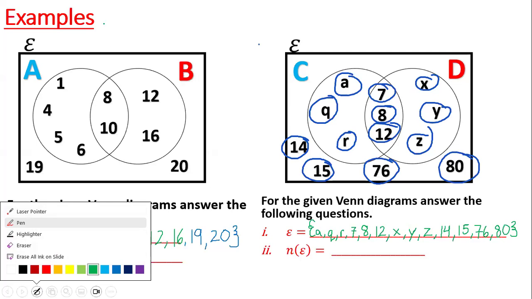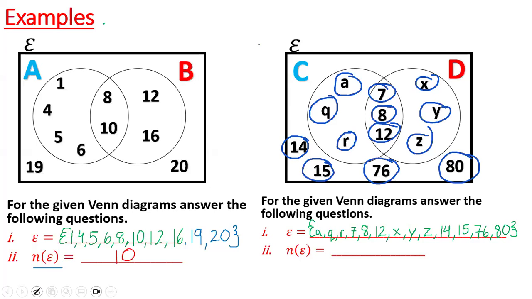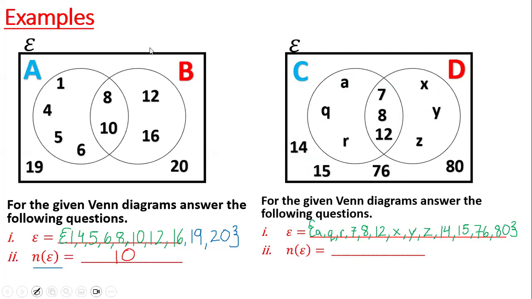Let's count it together for those who haven't counted yet. 1, 2, 3, 4, 5, 6, 7, 8, 9, 10, 11, 12, and 13. Very good. So 13 is the number of elements in the universal set.